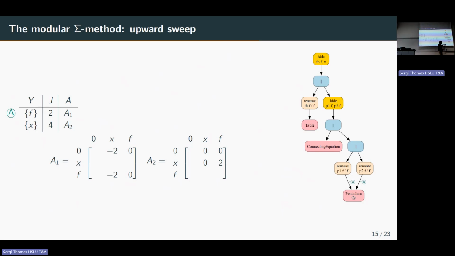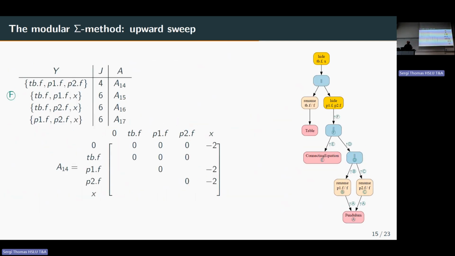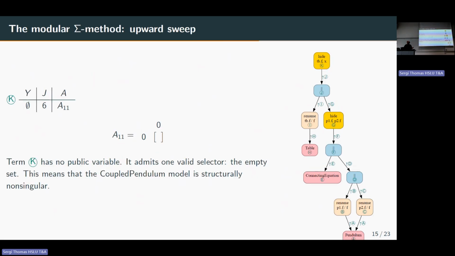Here you have two instances of the pendulum class, but you will only perform the structural analysis of the pendulum class once. And you play this game going up, and in the end, you have a trivial interface, with the empty set as a valid selector, which tells you that your system is structurally non-singular.